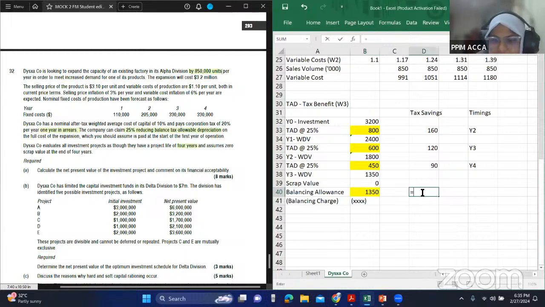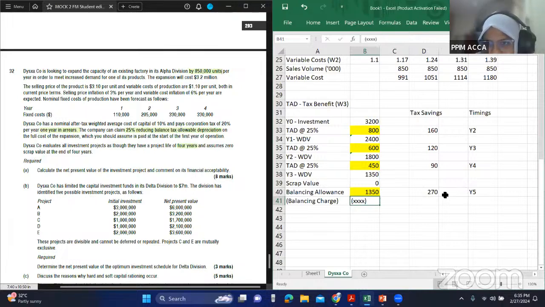So that will again be 20% of 1,350, which is 270. You will gain that benefit in year 5, 1 year later. Now, suppose it was a balancing charge here, then it won't be a tax savings. Then it will obviously be a tax payment, and this will be a negative figure. Okay. Right.